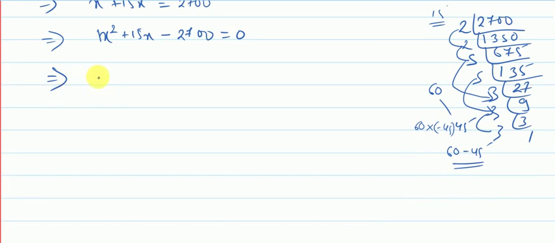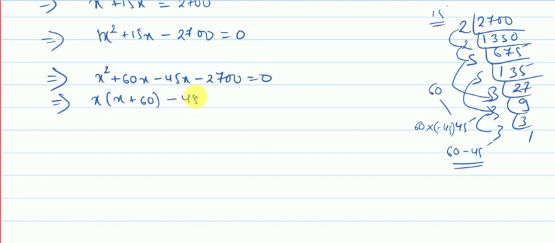So we got two numbers. So you get x square plus 60x minus 45x minus 2700 is equal to 0. Now x is common, so you get x plus 60 over here, and here minus 45 times x plus 60 is equal to 0.